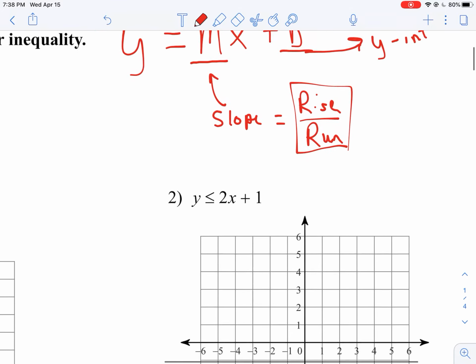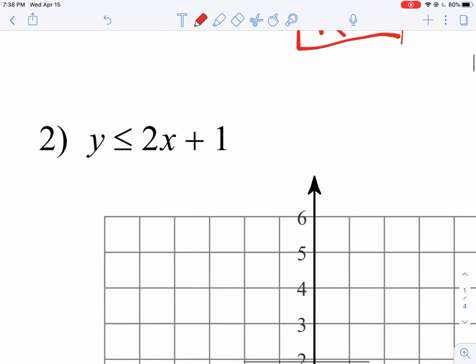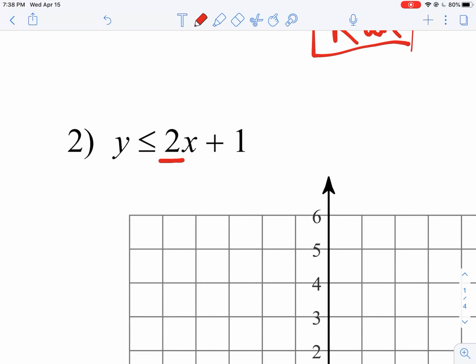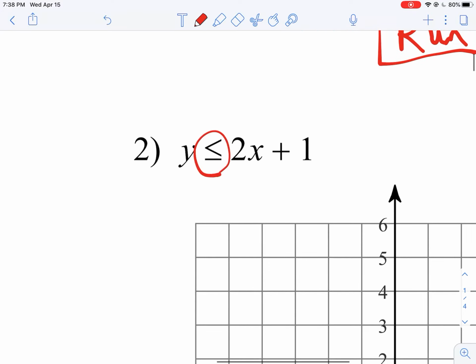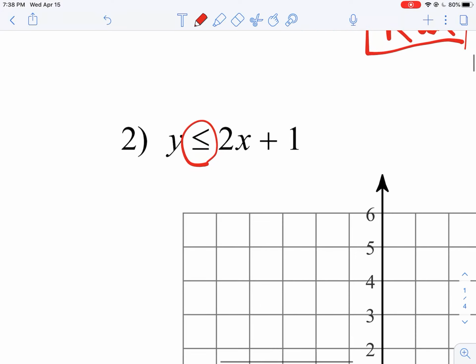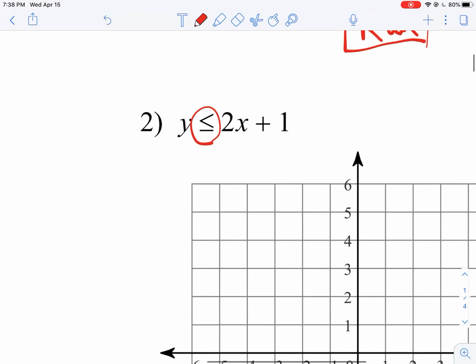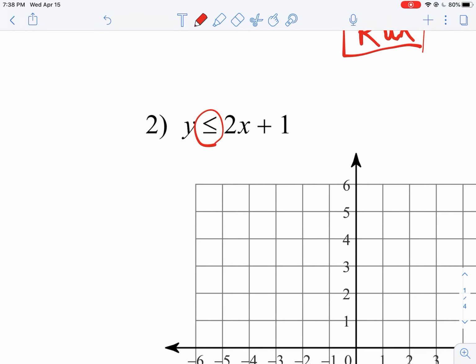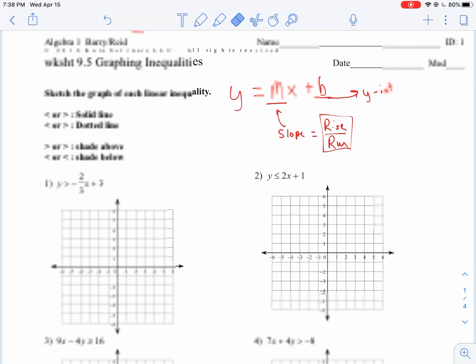If you look at number 2, it's written out in y equals mx plus b form. Here's our m, and here is our b. Okay, we'll deal with the inequalities after we just figure out how we get our points. Okay, so let's just get our 2 points to draw our line, but we're not going to draw the line to start.